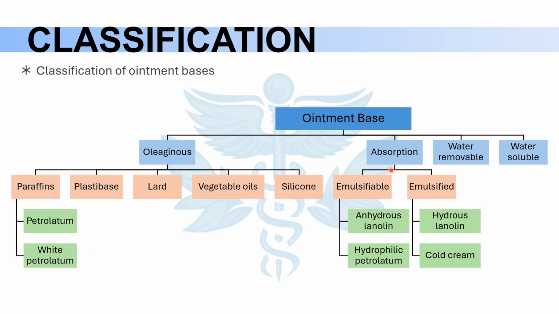Under absorption, we have emulsifiable and emulsified, and under emulsifiable, we have anhydrous lanolin and hydrophilic petrolatum. Under emulsified, we have hydrous lanolin and cold cream. We are going to first begin with oleaginous bases.